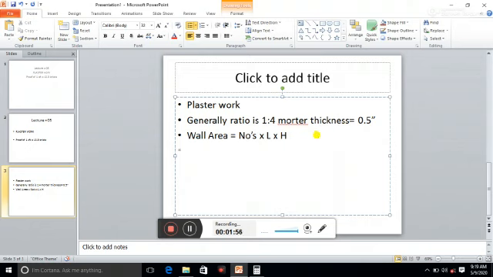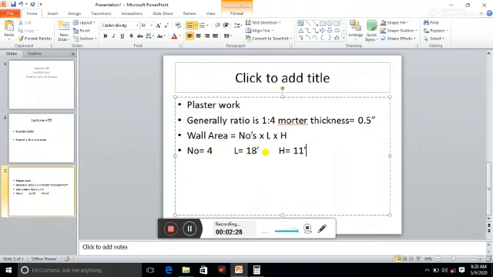For example, we have four walls. Number of walls is equal to 4, and length of one wall is, for example, 18 feet, and height of wall is, for example, 11 feet.